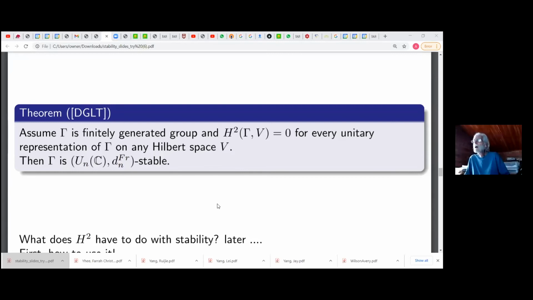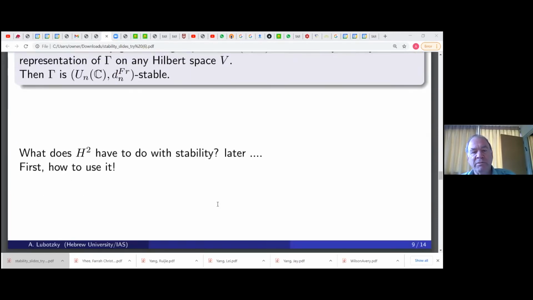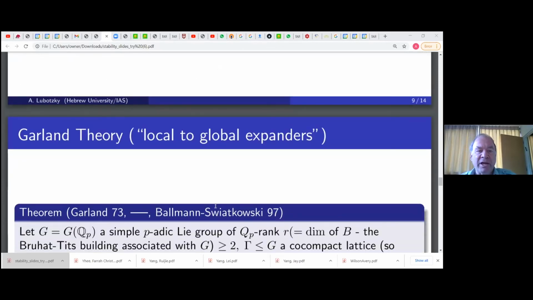And this is a little hint, maybe, of where to look for H2. Those of you familiar with Kazhdan property T know the connection with expanders. So now we will have a connection with higher-dimensional expanders in a minute. And this is the so-called Garland theory, or if you want, local to global expanders.